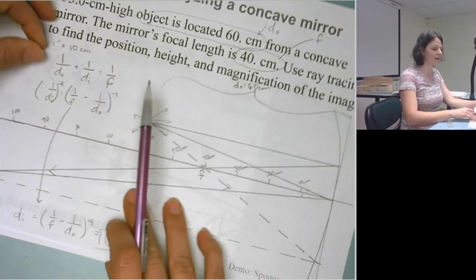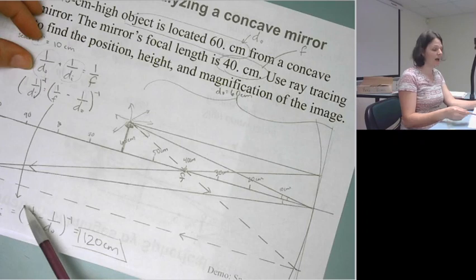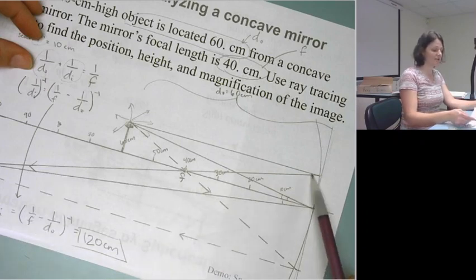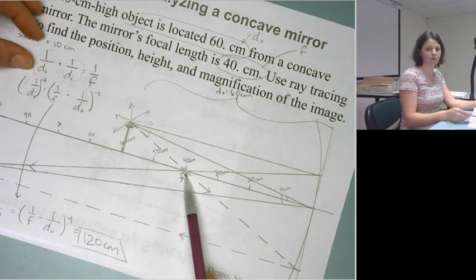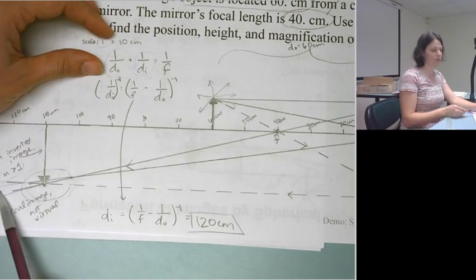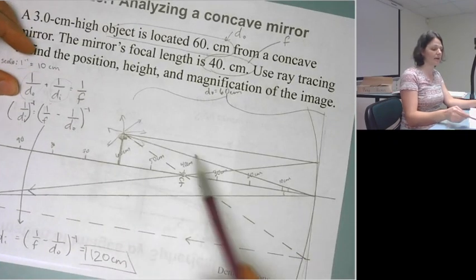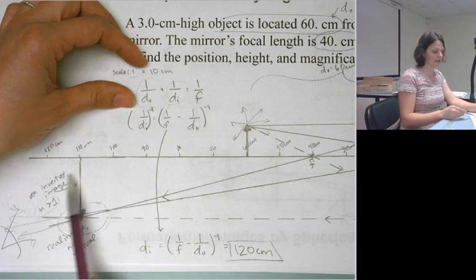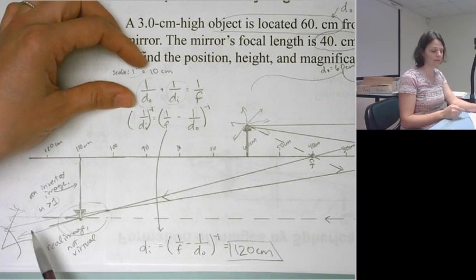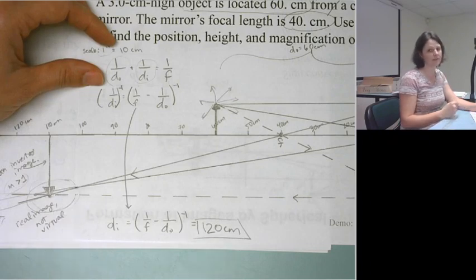So I care that you have drawn something that looks like it comes in parallel and goes out through F. So don't take your out-through-F ray and erase it and kludge it so that it no longer goes through F, just so that your image is formed perfectly at 120 centimeters. I'm looking more that your ray diagrams are drawn correctly and less that these actually cross perfectly in exactly the right spot. So we predicted 120 centimeters, we got 110 centimeters.